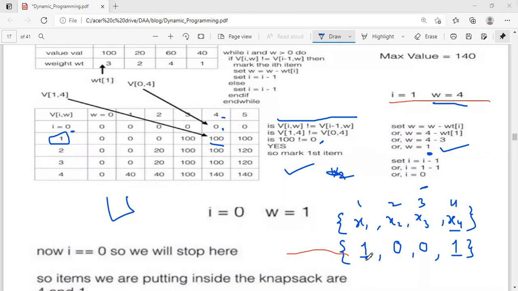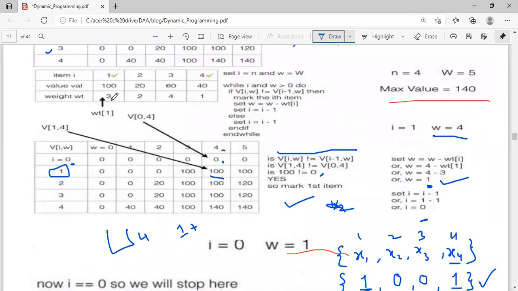Then item 1 we added, so 1001 is the answer. Item 1 and item 4 are added. The total capacity used is 4, because item 4 weighs 1 plus item 1 weighs 3. So the total is 4. The capacity was 5, and it should not be increased to more than 5.